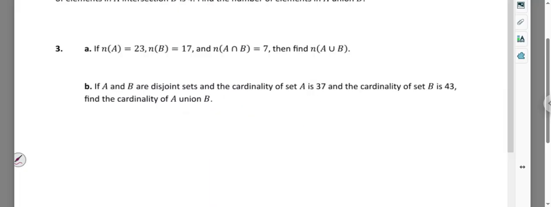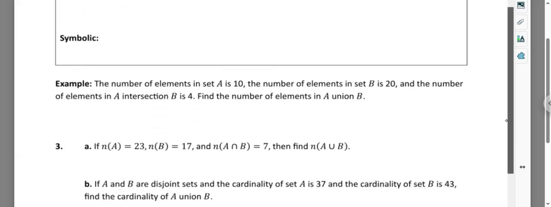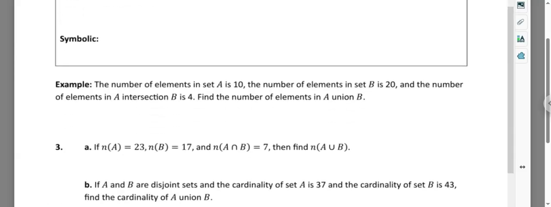So when we're dealing with cardinality of these sets, cardinality of a union, we have to take into consideration that for a union, it could be in A, it could be in B, it could be in both of them. So we don't want to double count a number or something in the sets because it's in both.